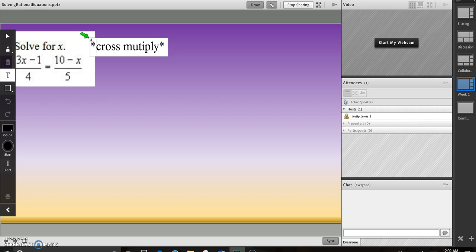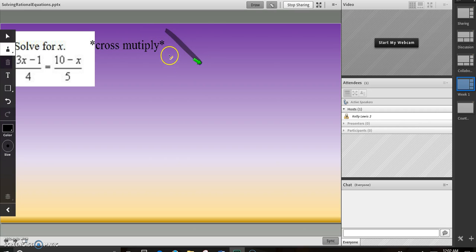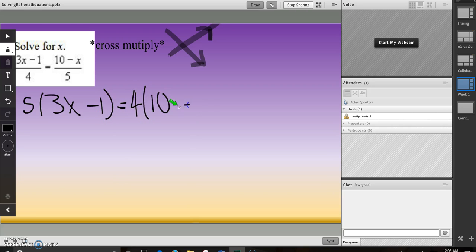Not multiply straight across, cross multiply. So I'm going to do 5 times (3x minus 1) equals 4 times (10 minus 7x). There's no variable in the denominator, so I don't have to worry about the weird domain stuff.